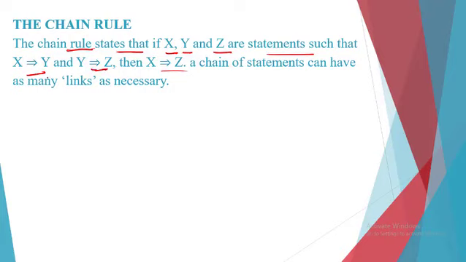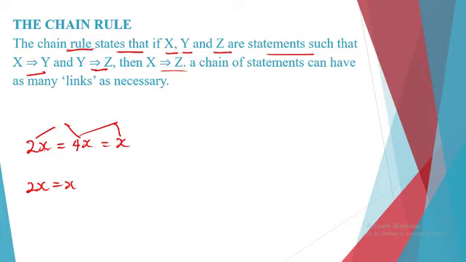If X implies Y and Y implies Z, then X is equal to Z. For instance, if we say that 2x is equal to 4x, then is equal to, let's say, x. Now it means that this is equal to this and this also is equal to this. So we can comfortably say that 2x is equal to x. Is it not true?